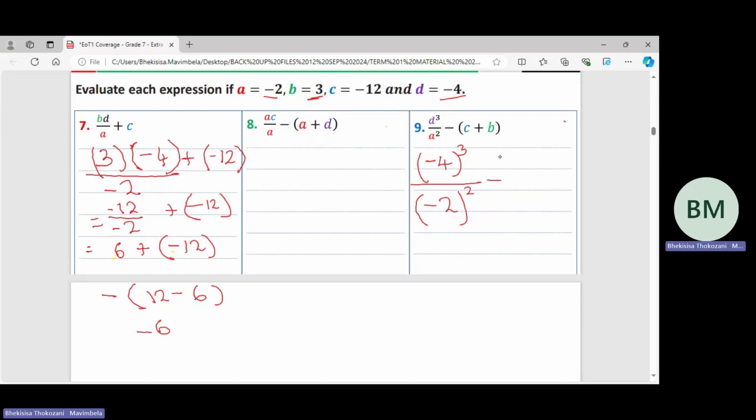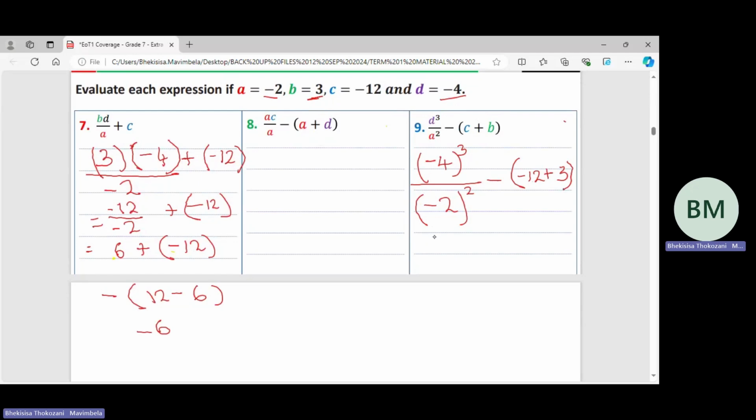I'm going to put it here, minus, and then I put my C again, and my C is minus 12, and plus this plus here, and where is B? B is 3. Okay, and then you close the bracket.